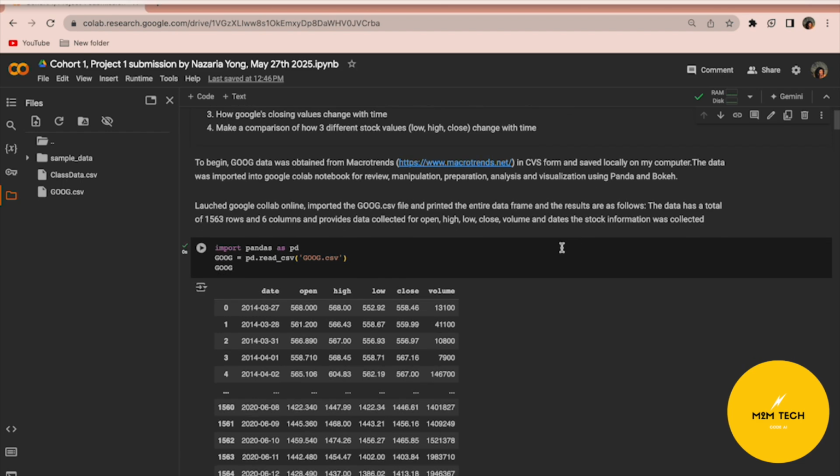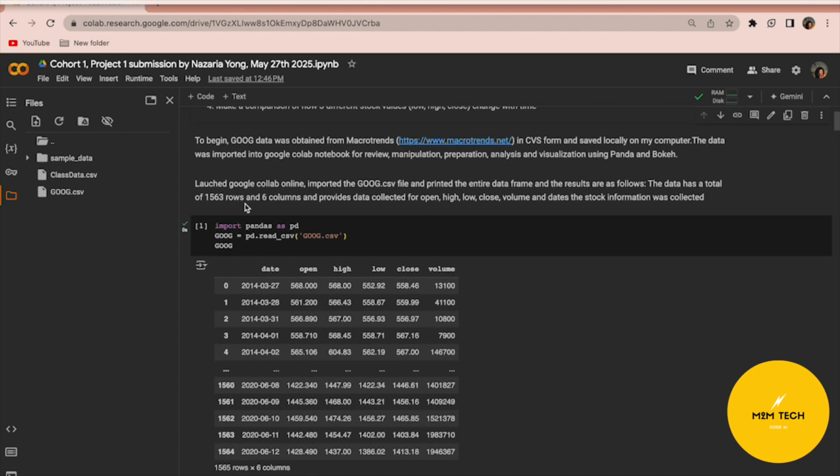To begin, Google data was obtained from Macro Trends, and here is the link, in CSV form and saved locally on my computer. The data was then imported into Google Colab notebook for review, manipulation, preparation, analysis, and visualization using Pandas and Bokeh.